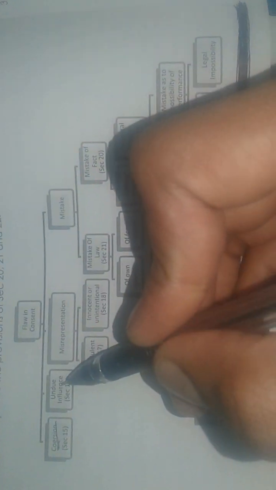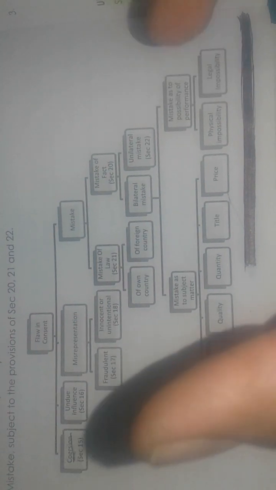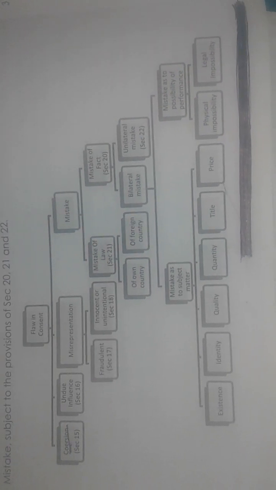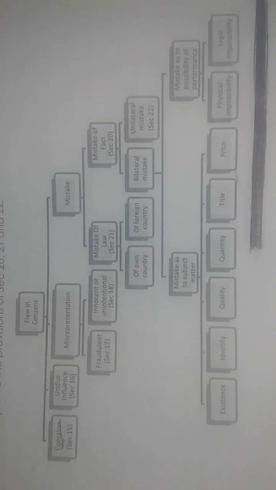Now, undue influence. Section 16 deals with undue influence. These are all in the free consent chart given in the Indian Contract Act, which is explained very well in my book. Undue influence, as the name itself explains, means influencing someone without due cause.